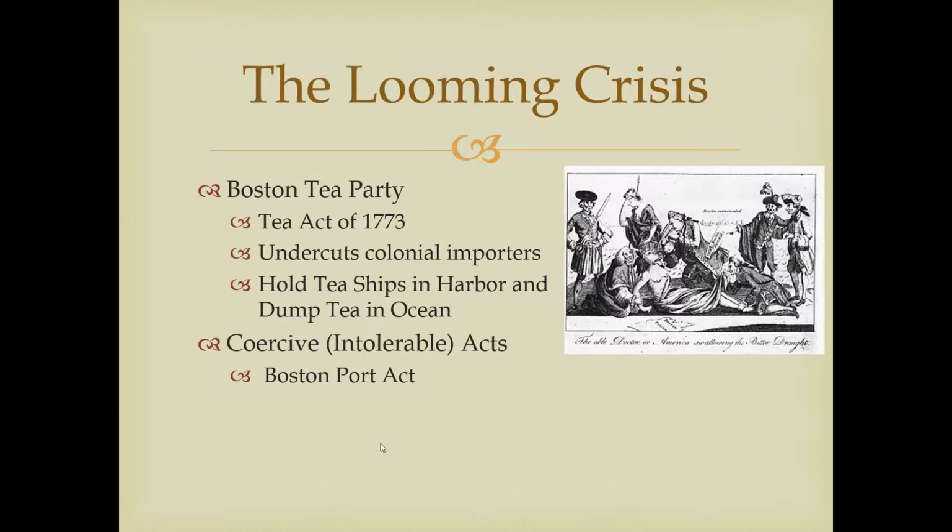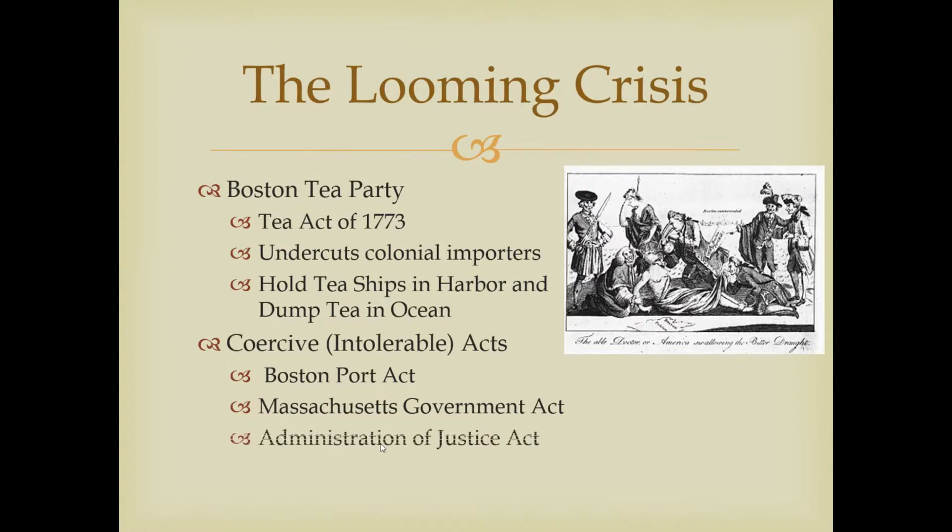You have the Boston Port Act, which closes the port of Boston, the Massachusetts Government Act, which takes the autonomy of the Massachusetts government away, the Administration of Justice Act, which basically says that protesters can be tried in England instead of here in the colonies, and so that's part of this.